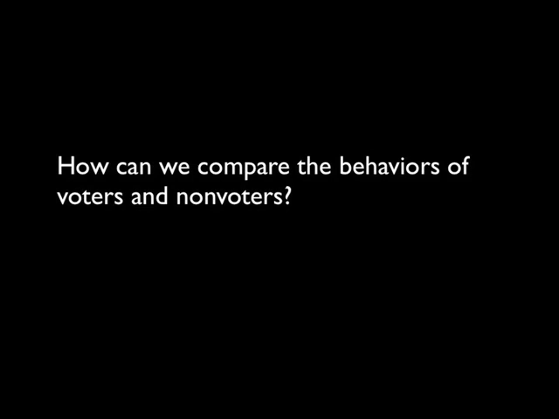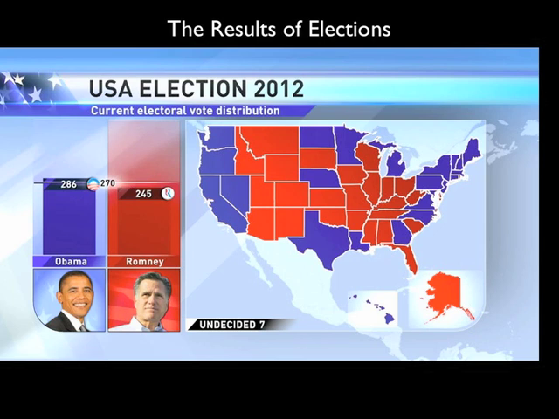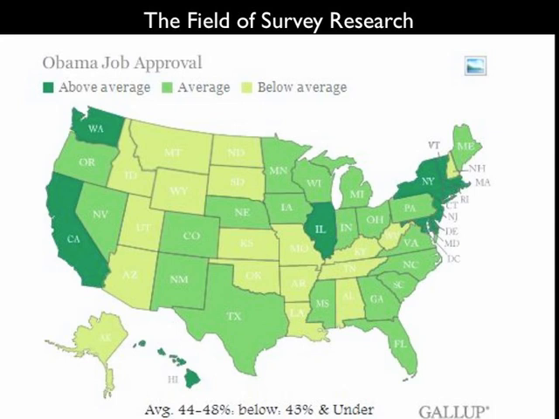How can we compare the behaviors of voters and non-voters? Voting is studied more than any other form of political participation. We learn about voting behavior from the results of elections. Information can be gained by studying the results of confidential voting compared to the population makeup of a particular sector. The field of survey research.